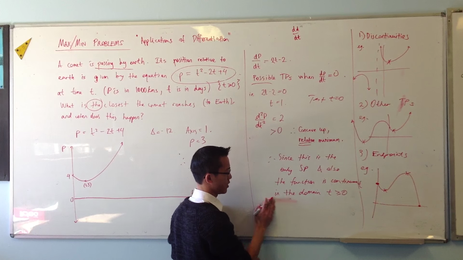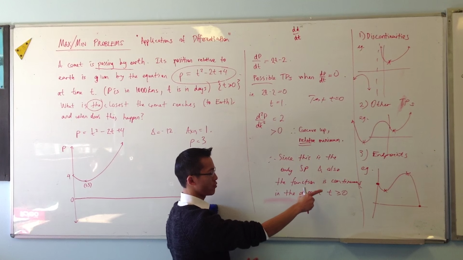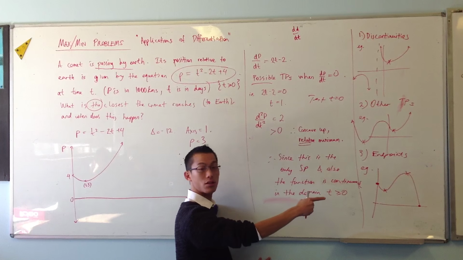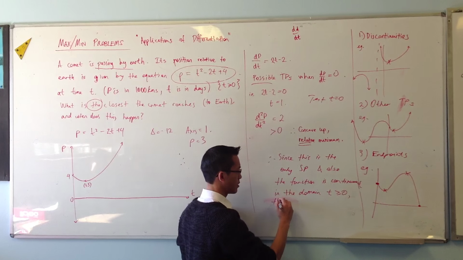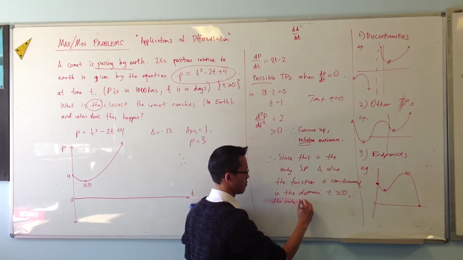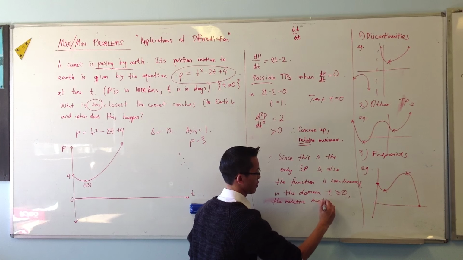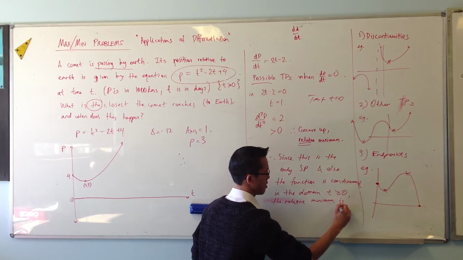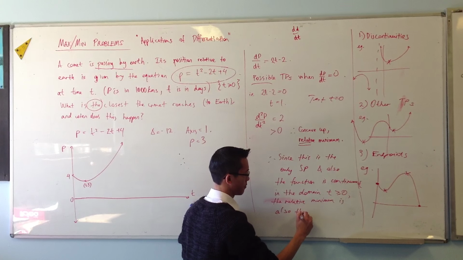Since it's the only stationary point and it's continuous in this domain, the relative minimum is also the absolute minimum.